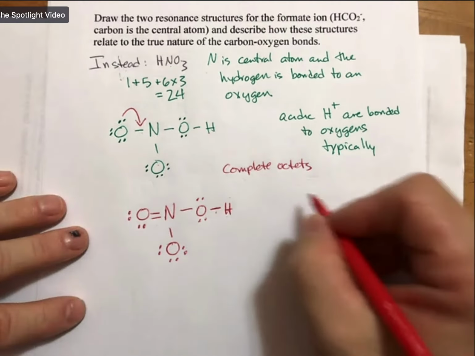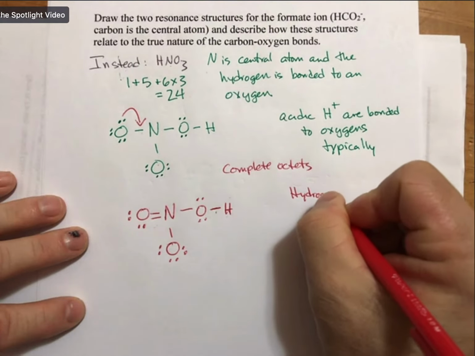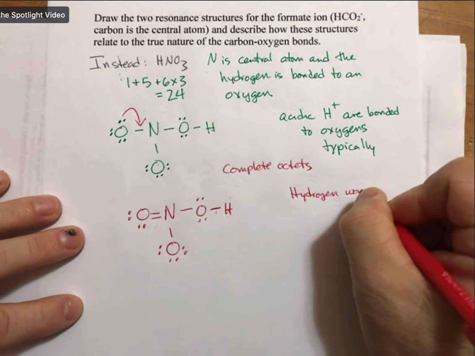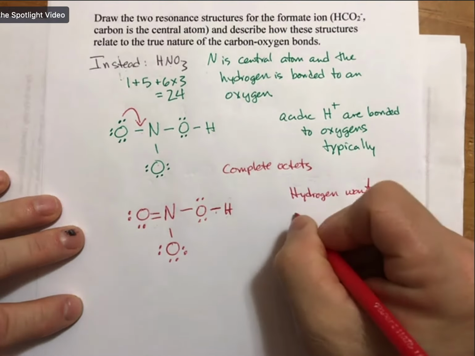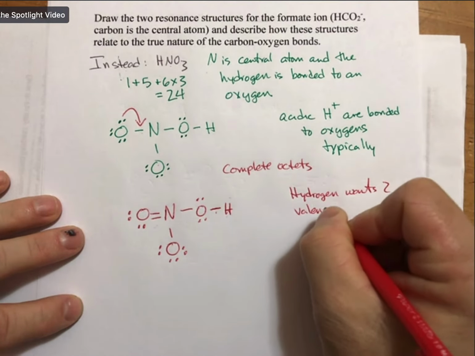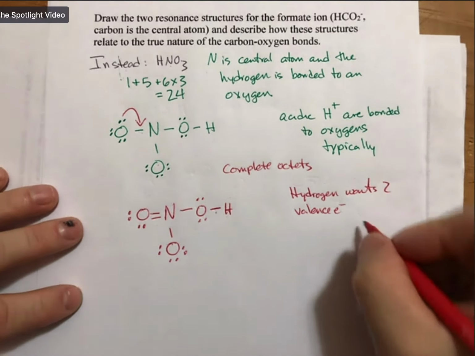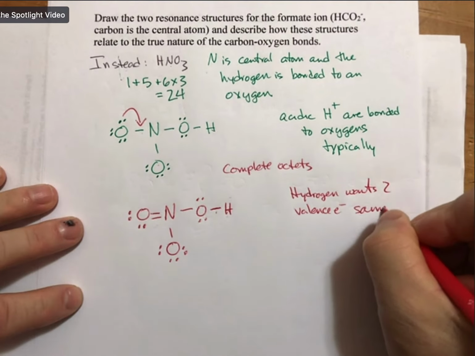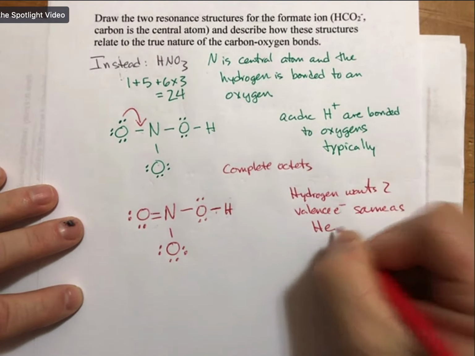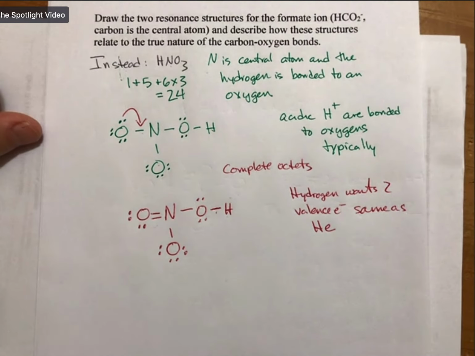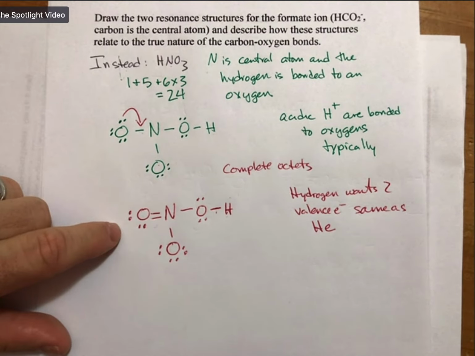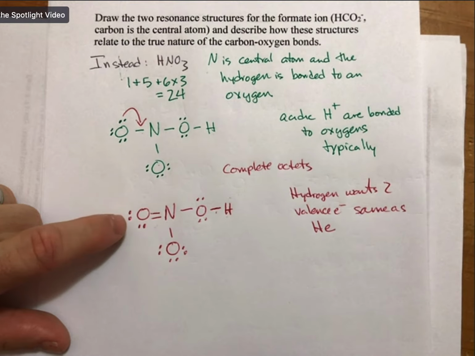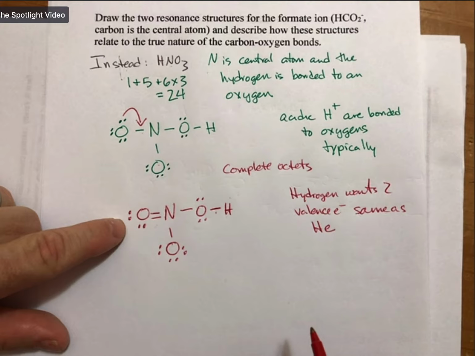Hydrogen wants 2 valence electrons, same as helium. We're not done yet. We haven't done a formal charge analysis and labeled our formal charges, our non-zero formal charges, that is.